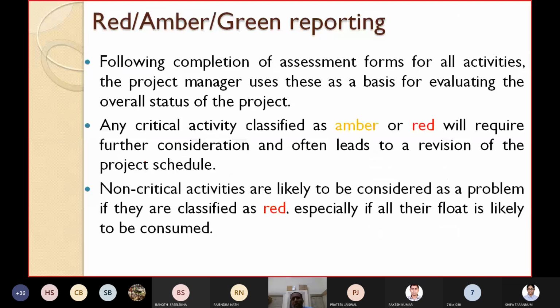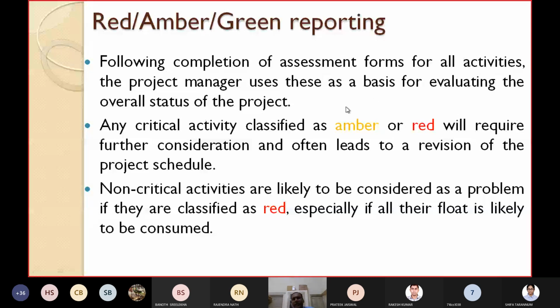Following completion of the assessment forms for all the activities, the project manager may use these as a basis for evaluating the overall status of the project. Now let's see what you will do if in amber or red zone.